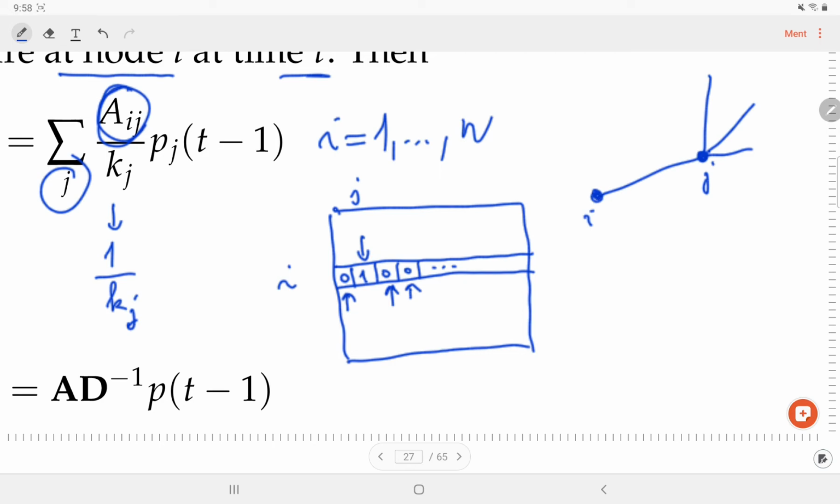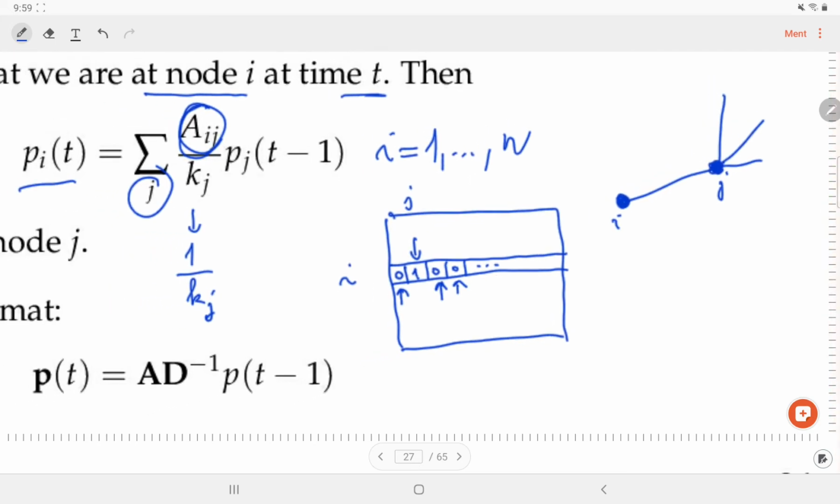For example, if it has four edges, then moving from j to i we have the probability of 1 over the degree, which is 1 over 4, because 4 is the degree.